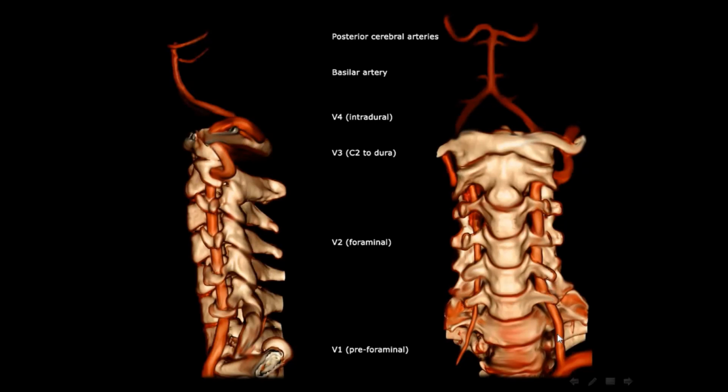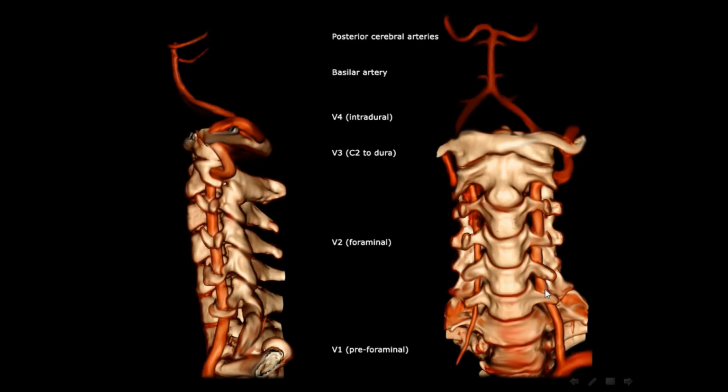This is an image to show the course of the vertebral artery and its segments. The first segment, V1 segment or preforaminal segment, is the segment between the origin of the vertebral artery from the subclavian artery to the location before it enters the transverse foramen of the cervical vertebrae.